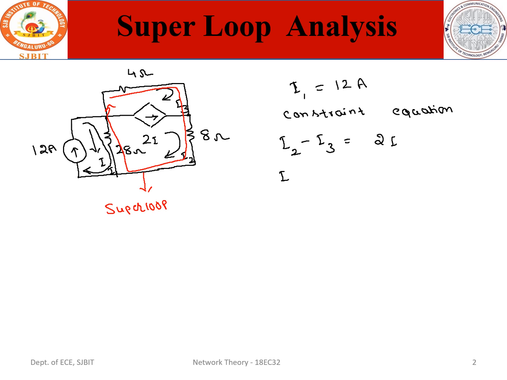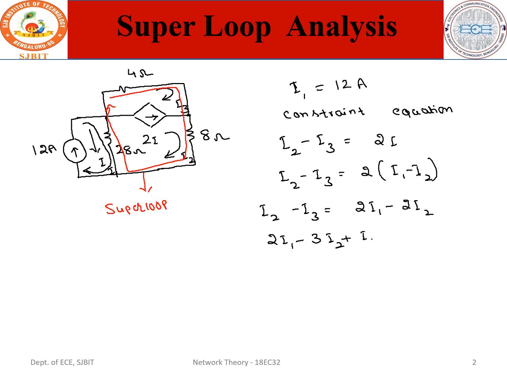That means this equation becomes I2 minus I3 is equal to 2 into (I1 minus I2). So this becomes I2 minus I3 equal to 2I1 minus 2I2. That is 2I1 minus 3I2 plus I3 is equal to 0.